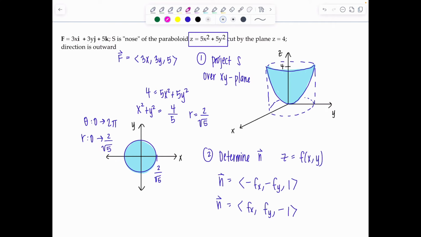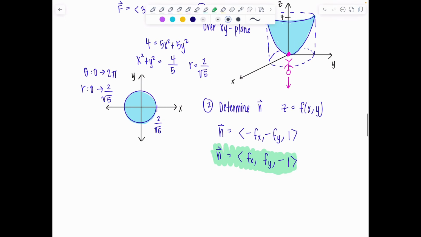So go to the extreme right here, and for you to be outside of the surface, instead of inside the surface, your head has to be pointing downward. So your head is pointing in the negative z direction, which means this is my vector that I'm going to use as the one that's normal to the surface for outward orientation.